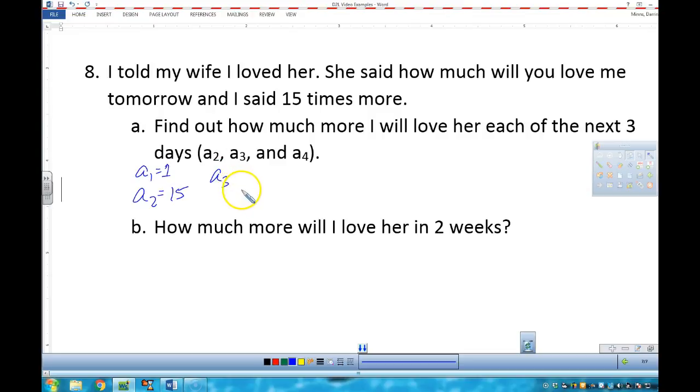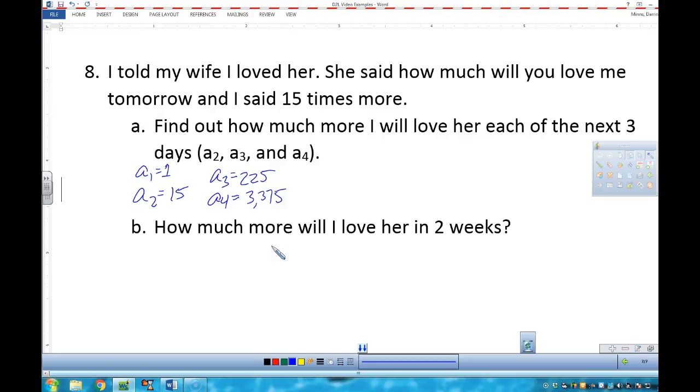So 15 times 15 equals 225 times as much. And lastly, the one asked for is A4. So that would be 225 times 15, and that is 3,375 times more than I loved her the first day.